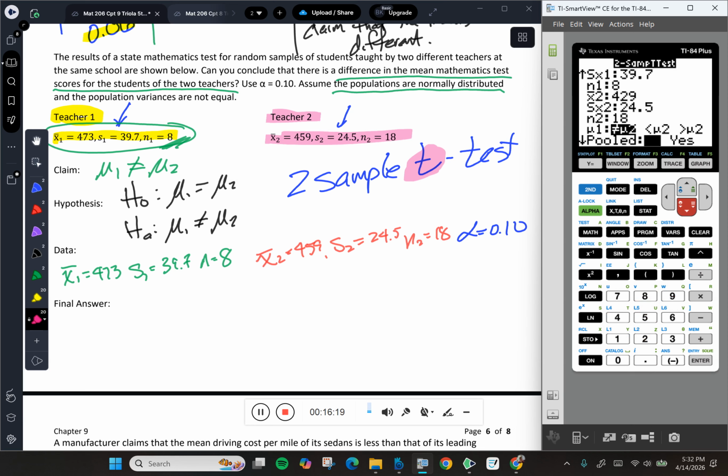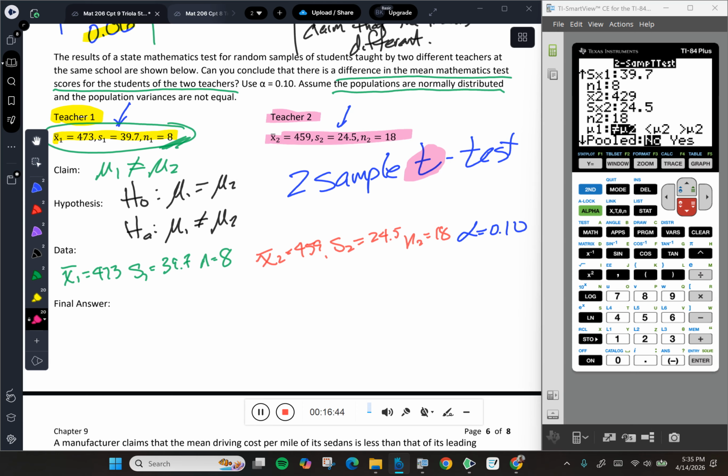I go down to, oh wow, what's this pooled, not pooled business? Okay, so here's this weird thing. When the test is being conducted, the way that the standard deviation for the sampling distribution is calculated depends on whether or not the data should be pooled.